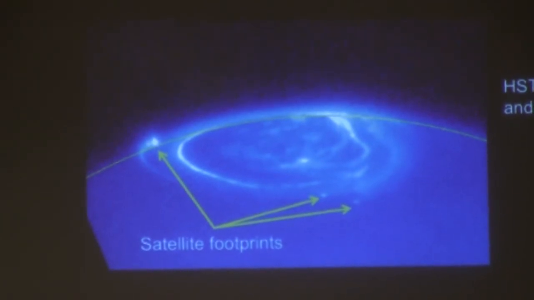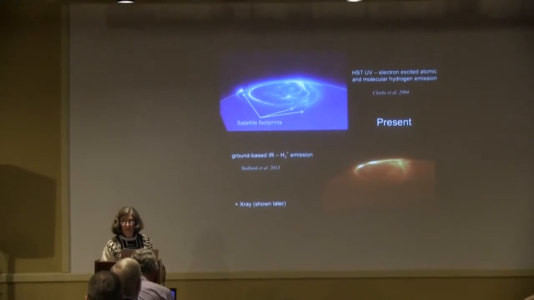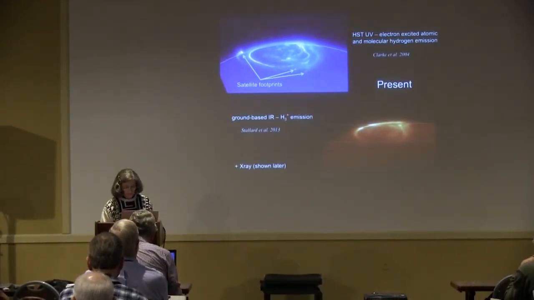So the footprint mapping has revealed that there's a localized region of low field strength in the northern hemisphere on Jupiter, sometimes called the magnetic anomaly, and if you know Alex Dessler, we always called it the Dessler anomaly. The locations of the other emissions, I already mentioned, can be located accurately in comparison with the satellite footprint latitudes.